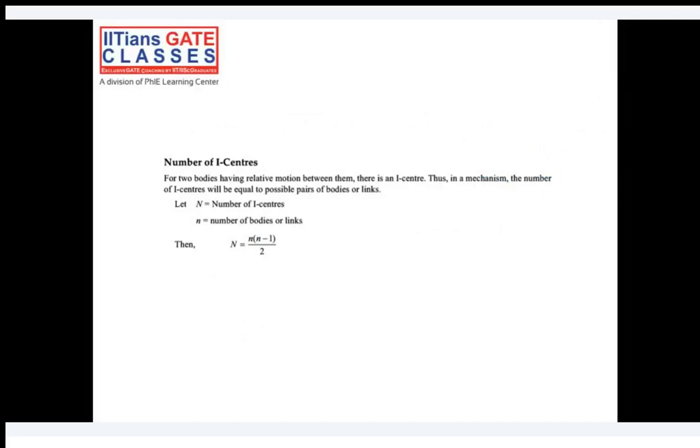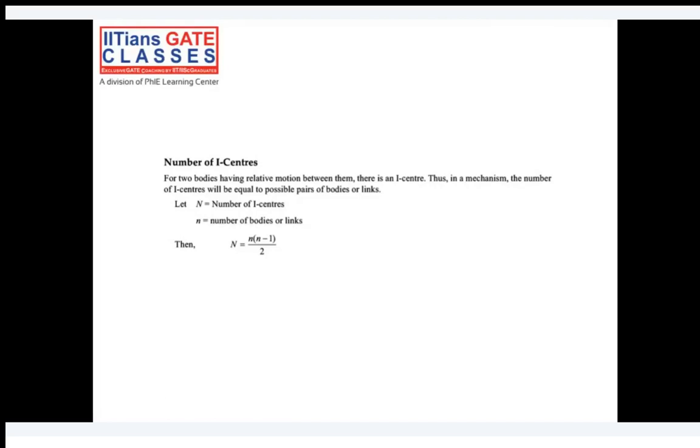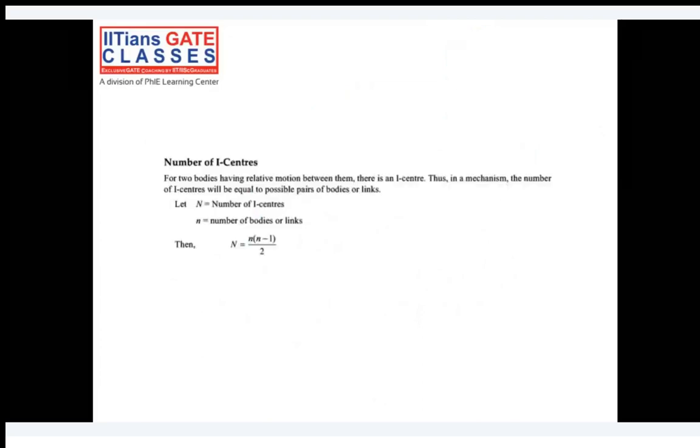Okay, the next point is how many instantaneous centers will be there in a mechanism or linkage. Write down this formula.